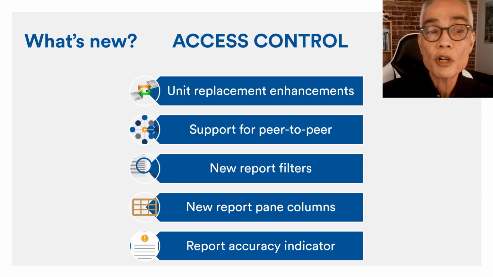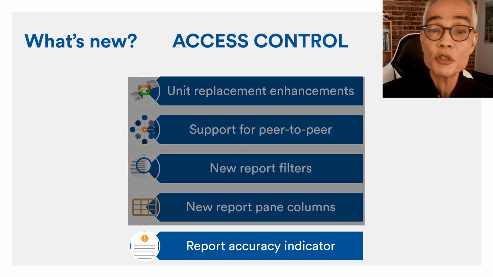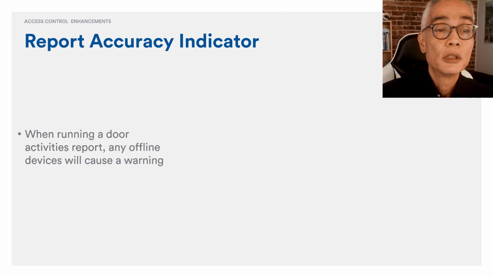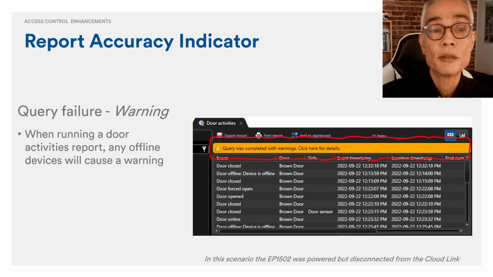Which leads us to our 5th and final new feature in Security Center 5.11's Synergis Access Control module, the Report Accuracy Indicator. This feature is really a warning combined with a new report field. Let's consider the scenario where our Mercury EP1502 was running and operational, but due to network issues was temporarily disconnected or offline.